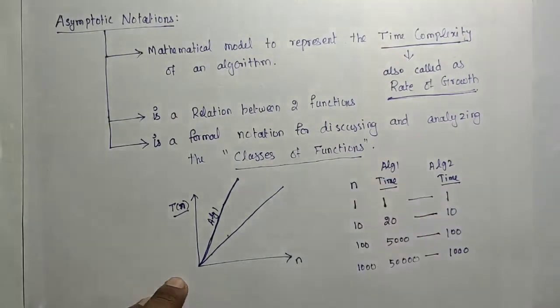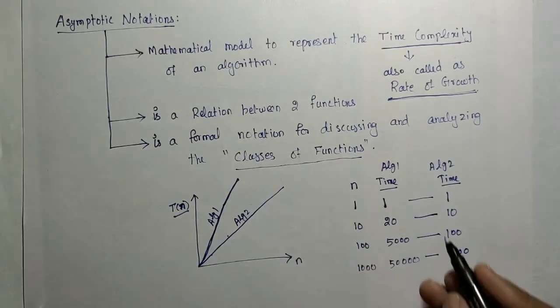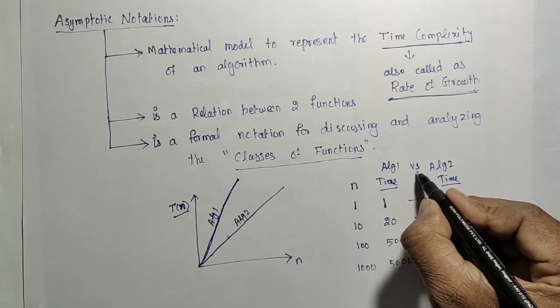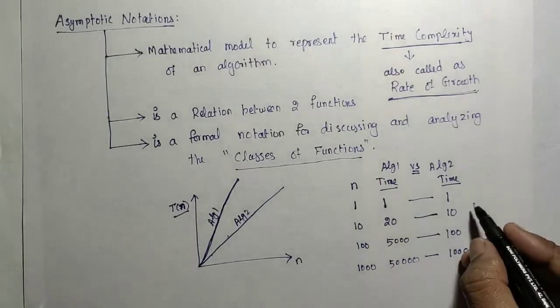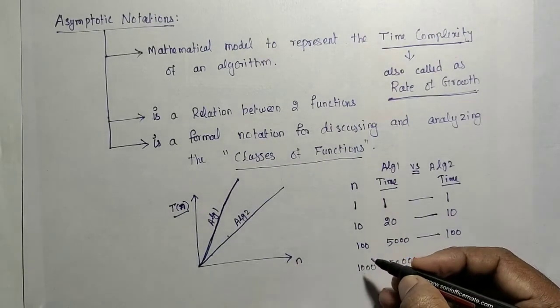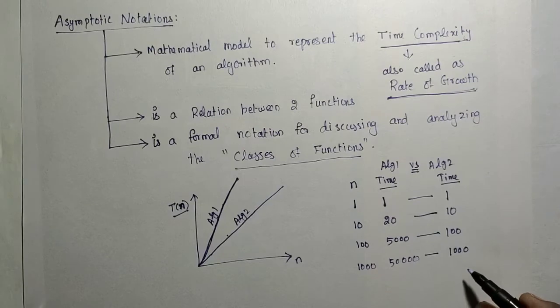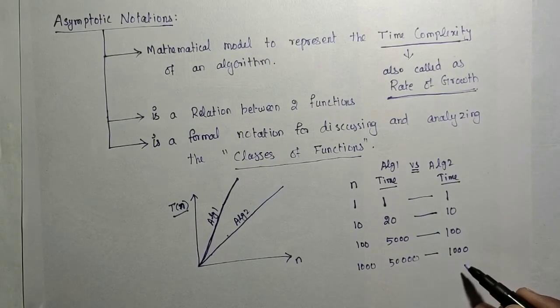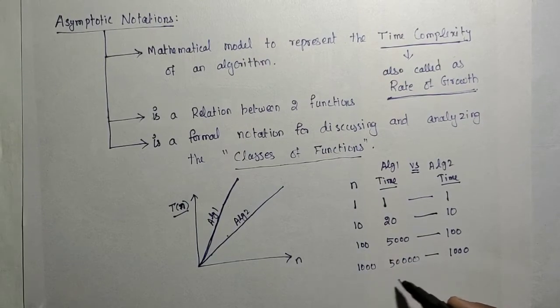This is the algorithm 2 rate of growth. So between algorithm 1 and algorithm 2, which one can we say is the best? The one with less execution time. Even if you increase n to some huge number, there are no big changes in its execution time. But here, if you increase 100 to 1000, you see the difference: 5000 to 50,000 or 1 lakh milliseconds.